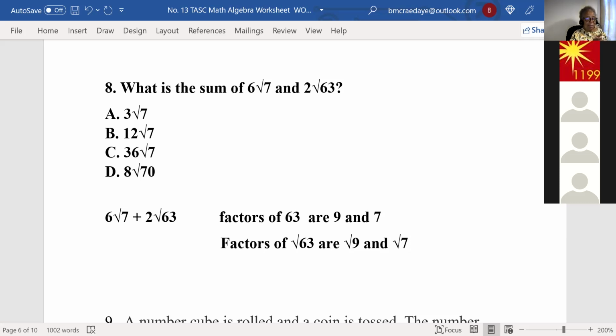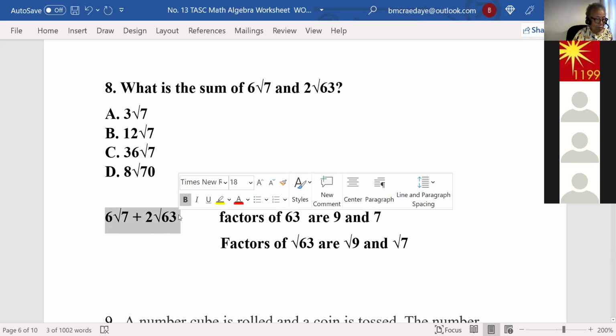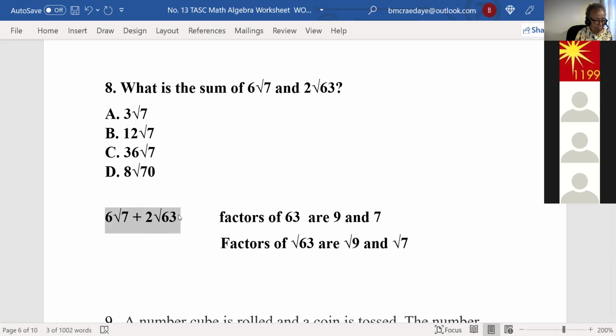So we can take that square root of 63 and break it down to the square root of 9 and the square root of 7. You're following? That means we could take this expression, and for the square root of 63, we want to put the square root of 9 and the square root of 7.